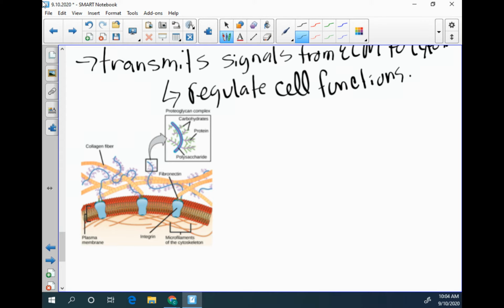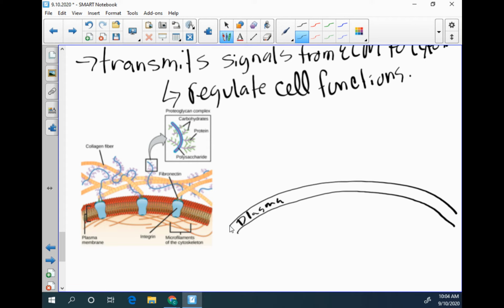This is what our extracellular matrix looks like. So if we've got our plasma membrane, this is our plasma membrane. This is going to be our integrin.